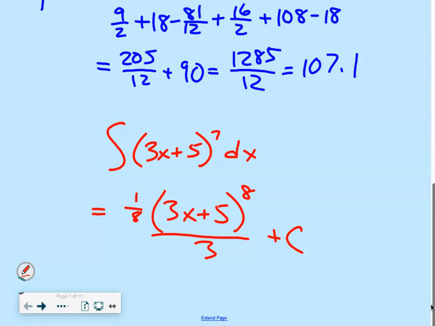If your argument's linear, you just do your regular antiderivative, but you divide by the slope. So it saves you some time. To clean it up, this would be 1/24 (3x plus 5) to the 8th plus C. It just saves you the u-sub time.